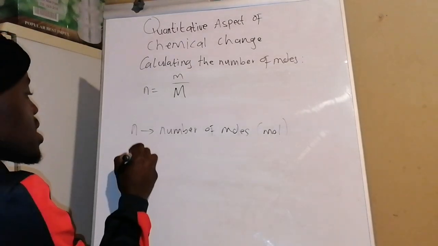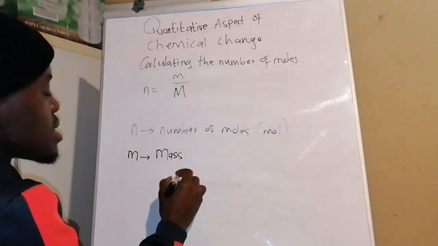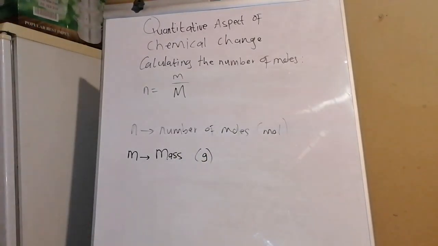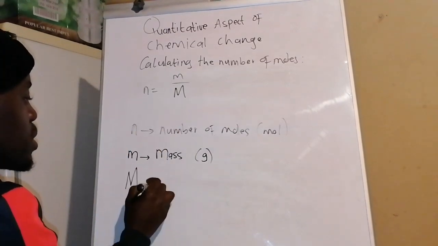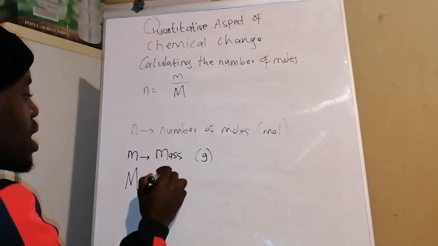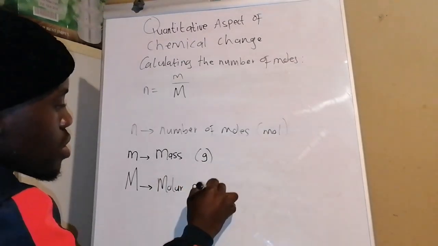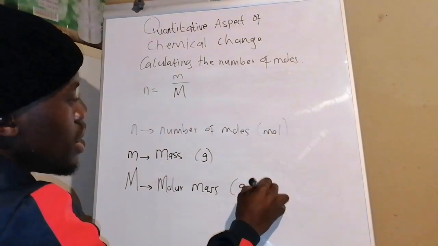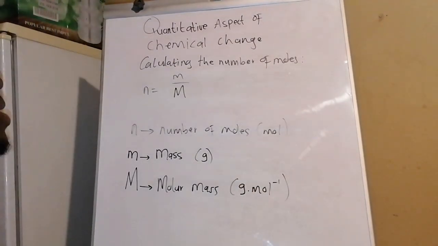Now we have that small letter m, which is mass in grams. Now we have the capital letter M, which is known as the molar mass, in grams per mole. It is very important, guys, that you know how to use this formula.